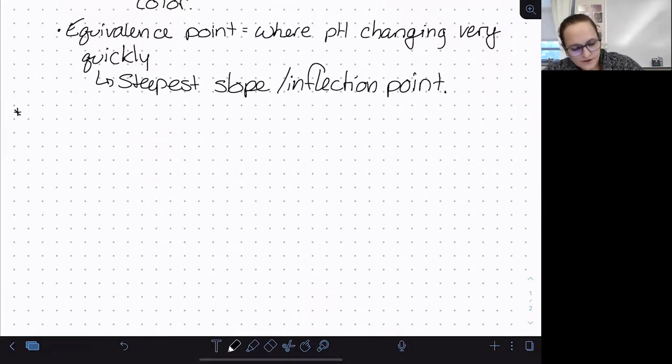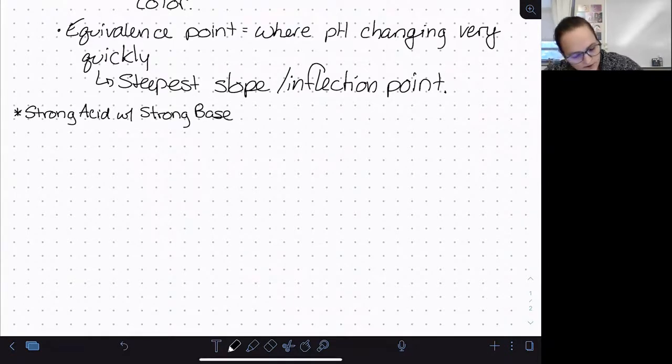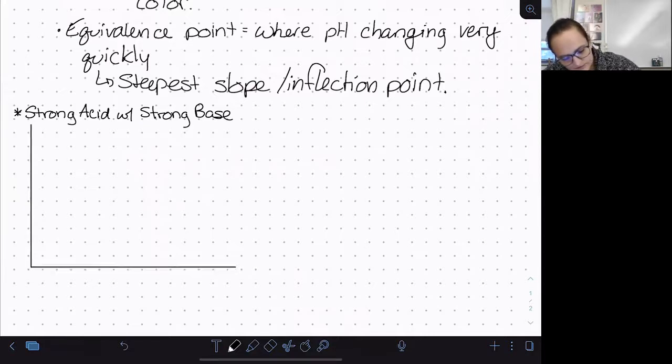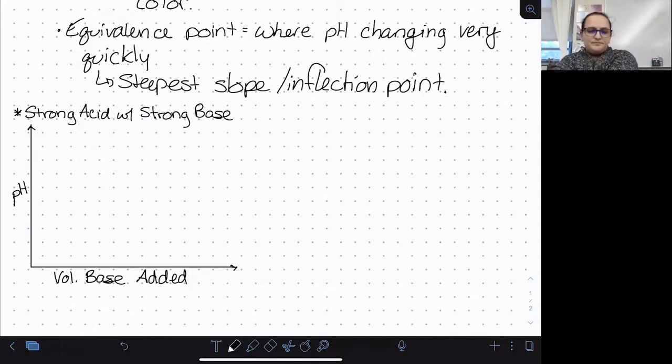So if we are titrating a strong acid with a strong base, we will get a graph where pH is our y-axis and the volume of base added is our x-axis.